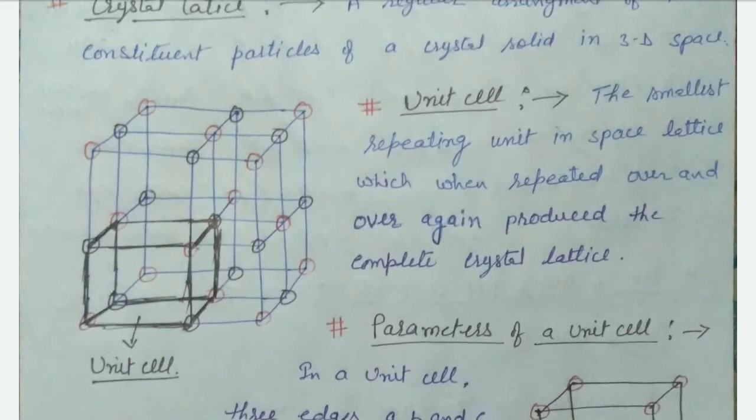So the unit cell is the smallest repeating unit in the space lattice, which when repeated over and over again produces the complete crystal lattice, right? It is clear that the unit cell is repeated over and over again to form the complete crystal lattice.